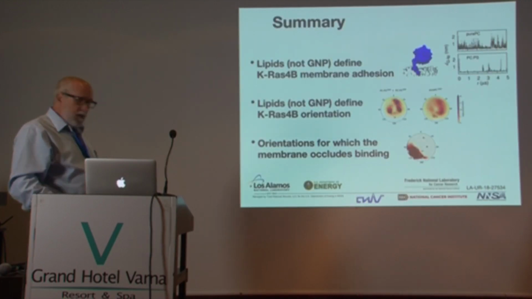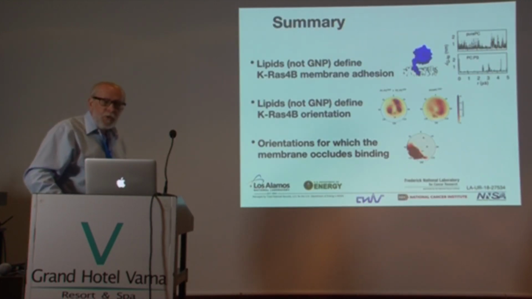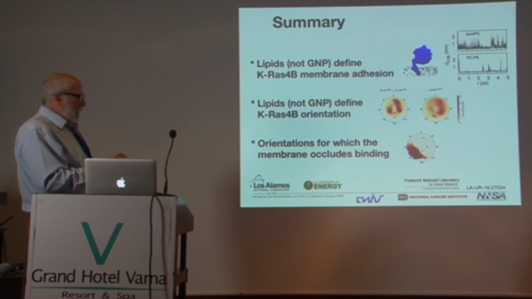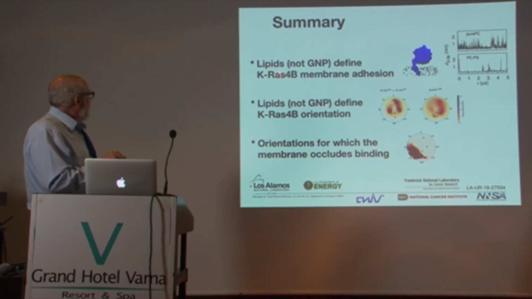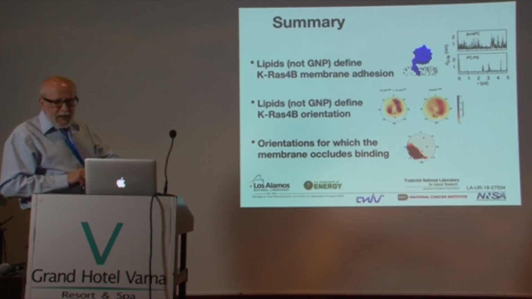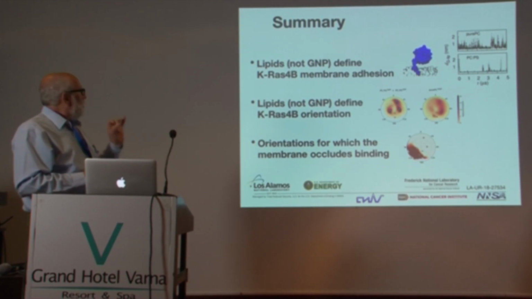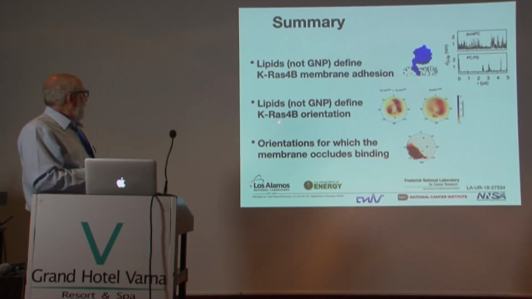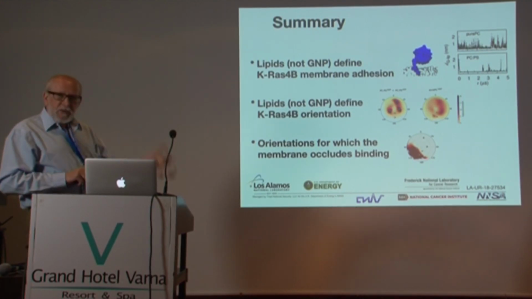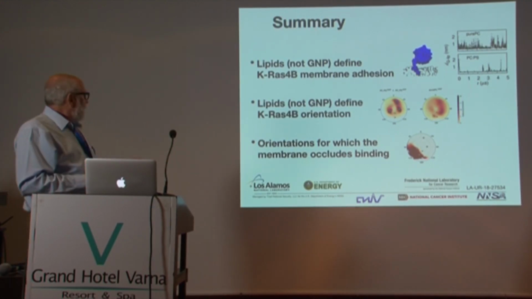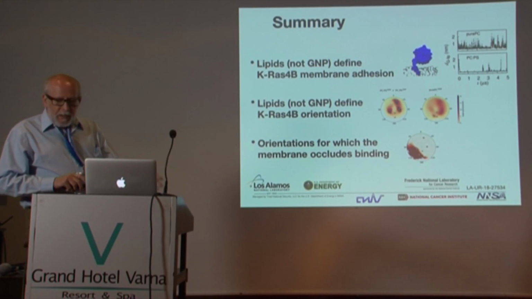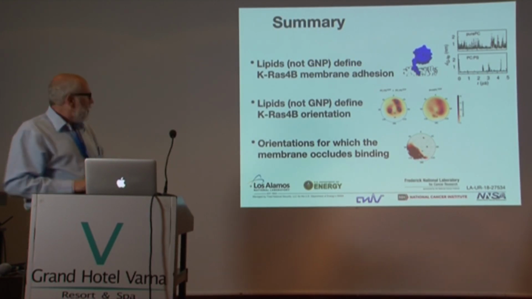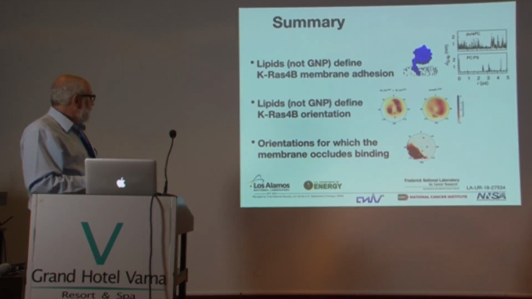So let me conclude here. What I have shown is that the lipids define the membrane adhesion of RAS. It's not the GTP versus GDP. And it's the lipids that define the RAS orientation. Depending on the lipids, it orients in one conformation, in one set of conformations or another.